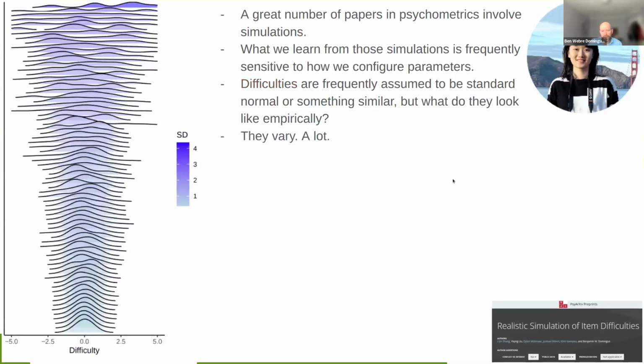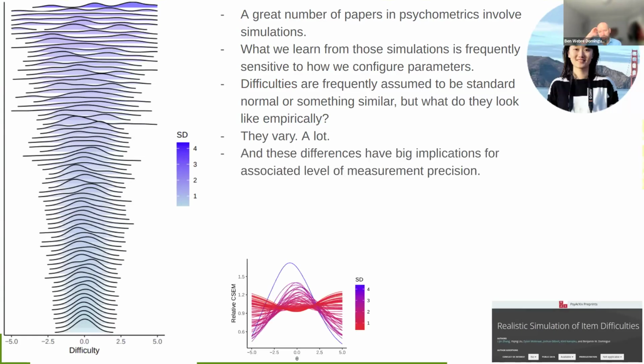We did this across, I think, 70-odd IRW data sets. The punchline is that the distributions of the difficulties in the IRW vary quite a lot. This is really important because these differences have really big implications for the associated level of measurement precision that one gets from these different distributions.